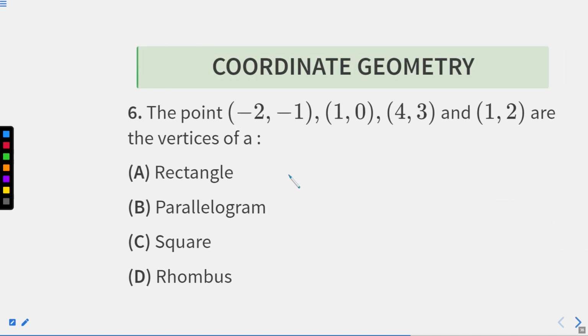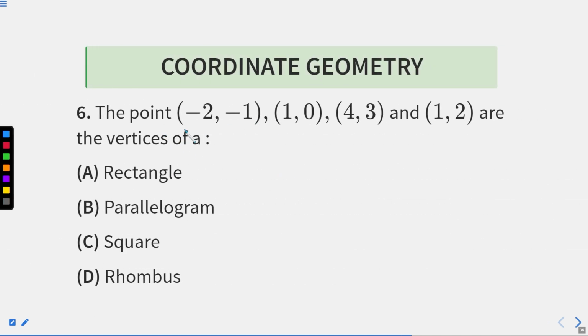Okay. Let's move on. The points -2, -1; 1, 0; 4, 3; 1, 2 are vertices of. So what are the vertices? We are given the points. So let's draw them. First we draw the x and the y axis.